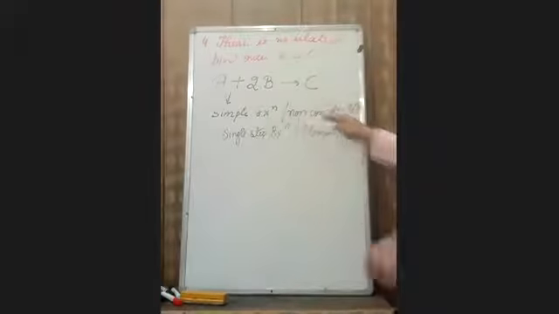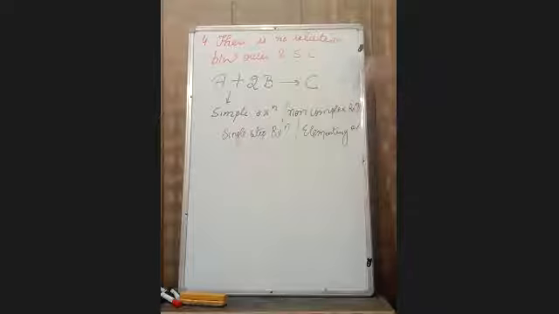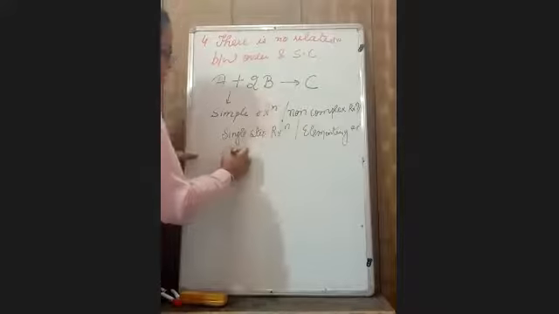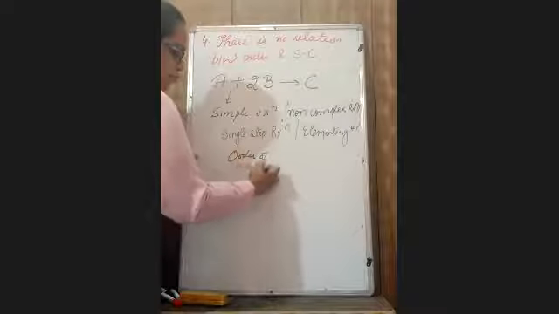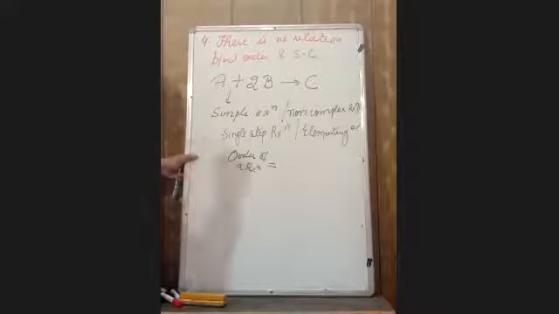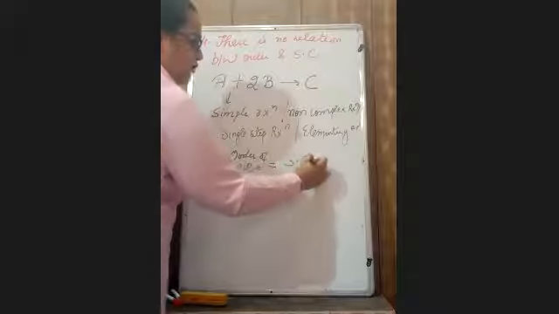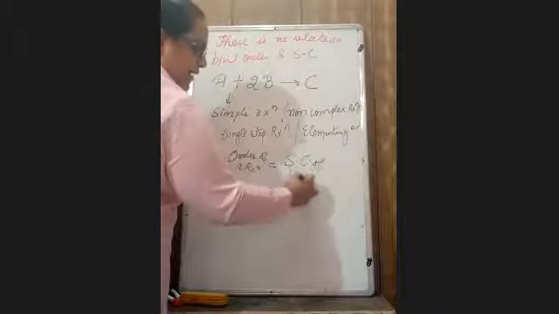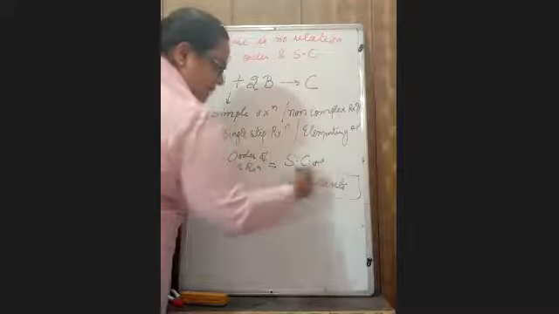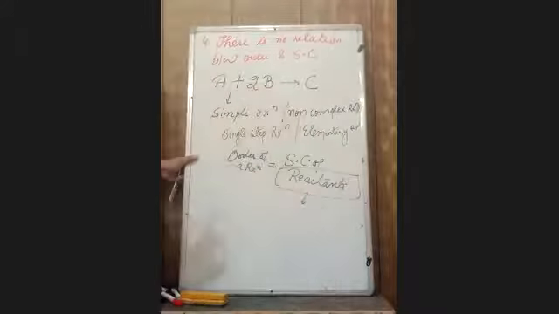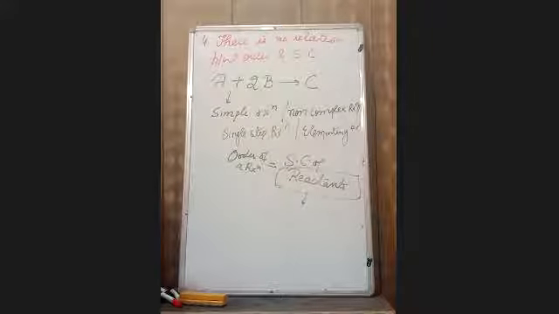It is not the complex reaction. In this case, order of a reaction is equal to, only in this case, stoichiometric coefficient of reactants only, not reagents. Remember, this is a very important point.